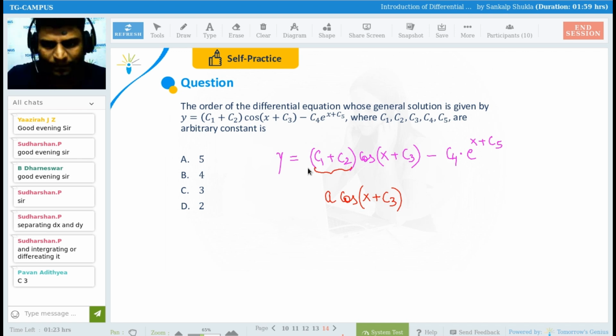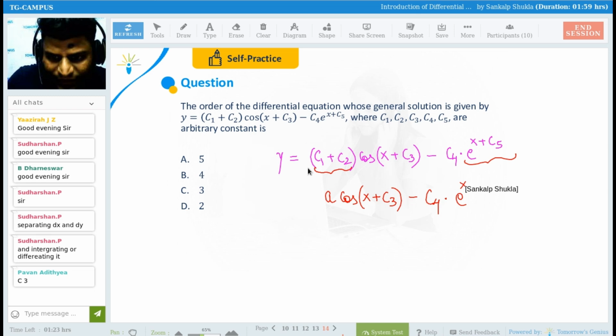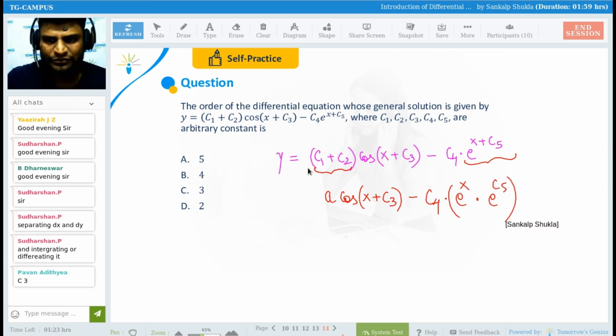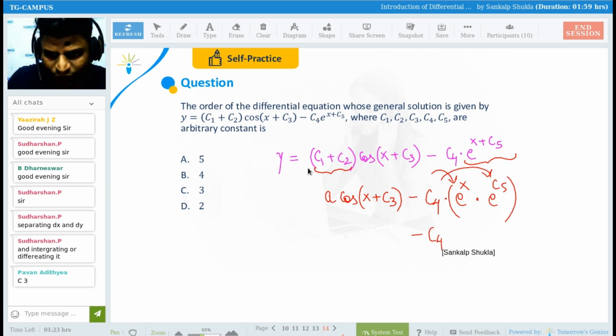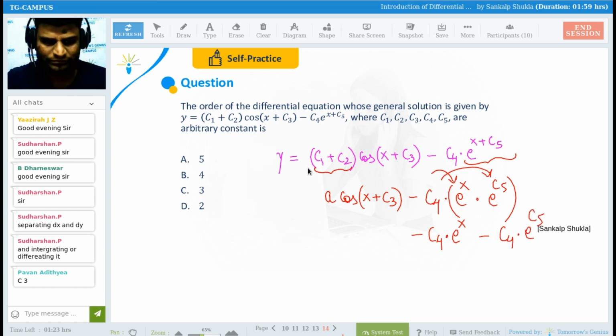Minus, again, C4 into e raised to the power x plus C5. This can be written as e raised to the power x into e raised to the power C5. Just multiply the C4 inside. So this will become minus C4 e raised to the power x minus C4 e raised to the power C5.